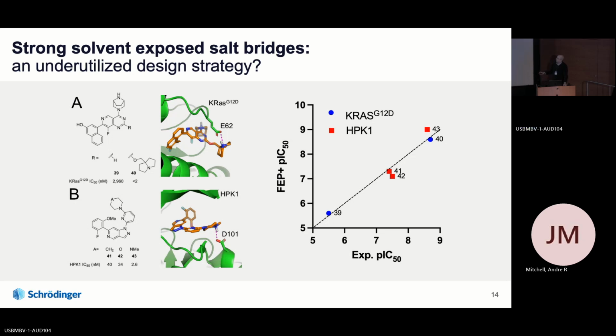So we did the final experiment here, which was just to make sure we could accurately repredict those matched pairs with FEP. And in both cases, for KRAS G12D, we are able to get that tremendous gain in potency accurately predicted, as well as for the HPK1 series.